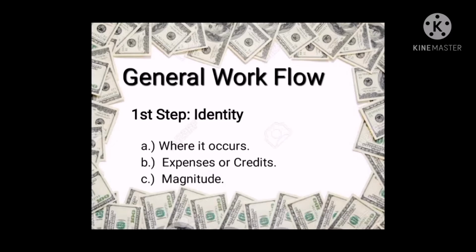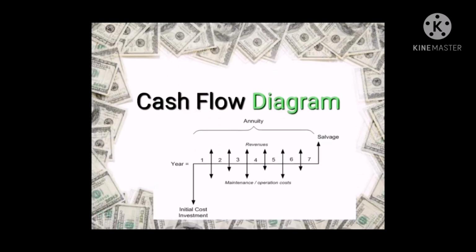Letter C, magnitude. So in the next step, we need to summarize the expenses and credits using the graphical form, which is the cash flow diagram.